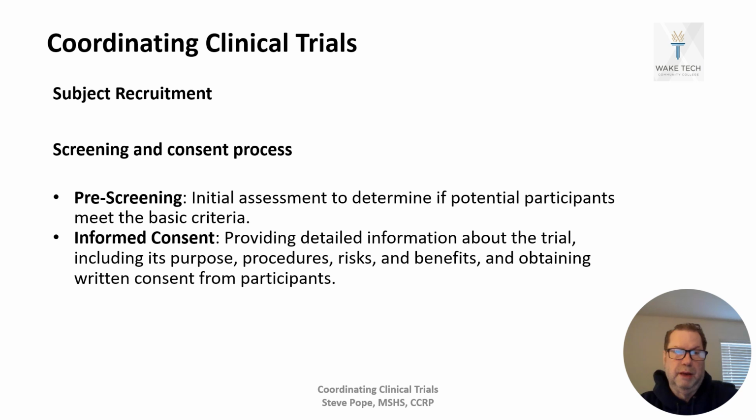You may have a couple of questions you want to ask them. Usually these are going to be knockout questions that would exclude them from the study based on what their response is. Or you can have a pre-screening questionnaire that you might use.